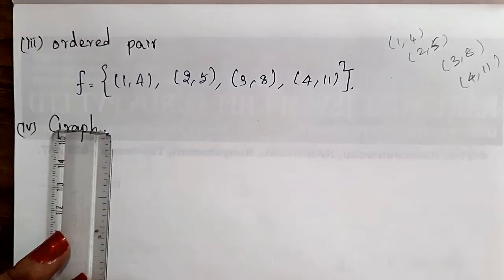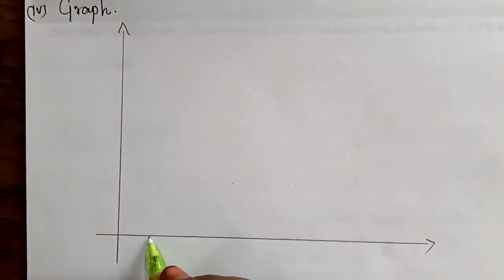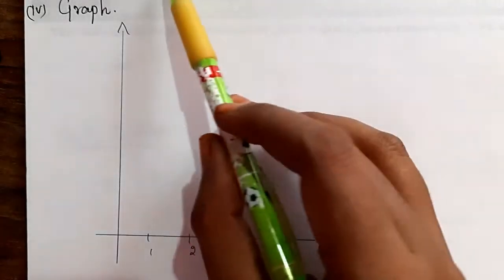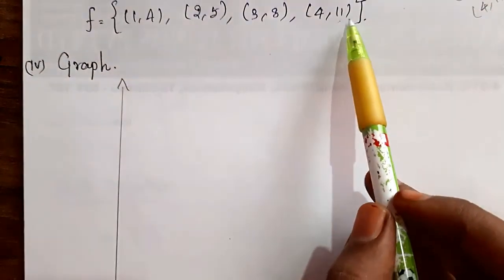Draw the x-axis and y-axis. Here the x value is as usual x, and the y value is f of x. So for x I can mention 1, 2, 3, 4 because we have only 4 values. Next, for f of x, look at, we have up to 11.